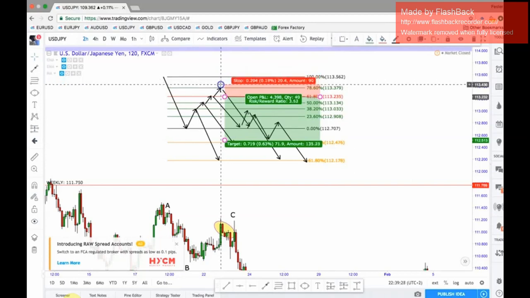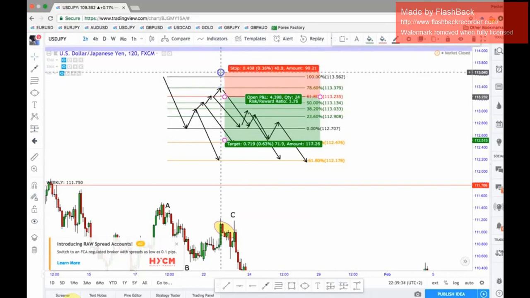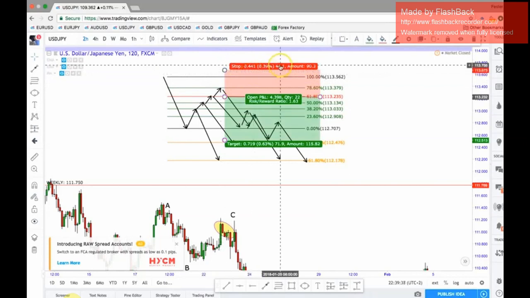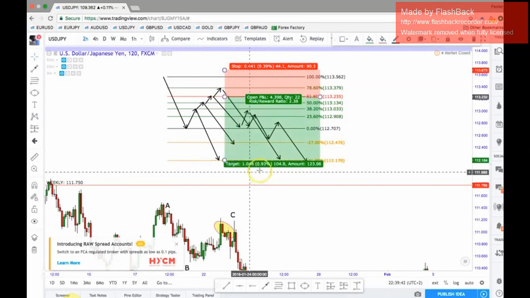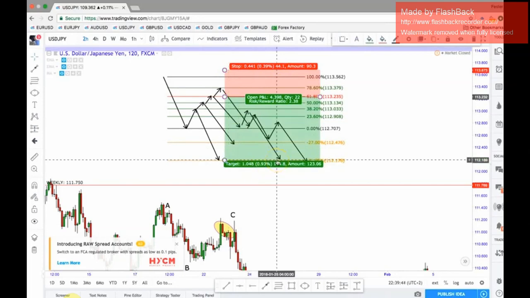So where should your stop loss be? 30 pips above that price, which would be 113.679. So your stop loss would be something like this up here, right? Now your stop loss count is 44, and your take profit count is 104. So you've got almost a 1 to 3 ratio trade.